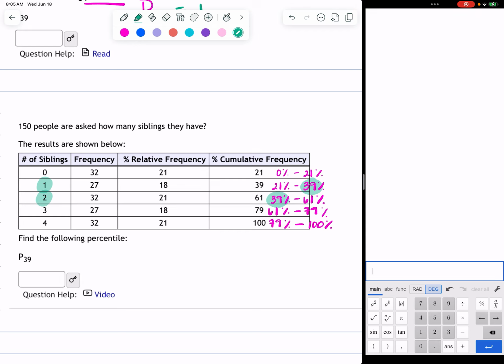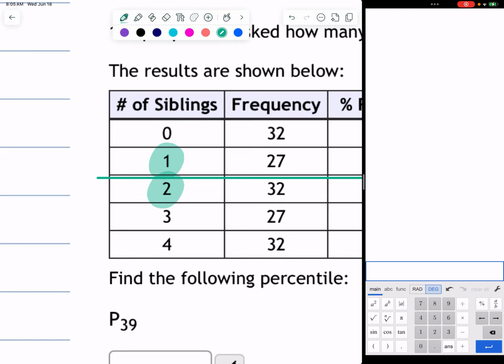So, what we do is we split it right down the middle. We average 1 and 2. We find the middle of 1 and 2.